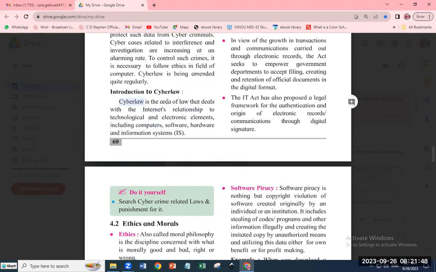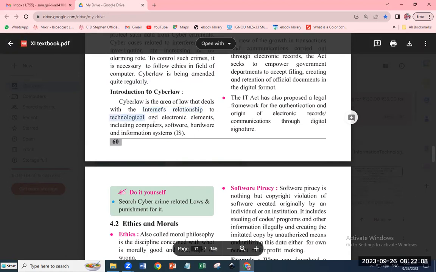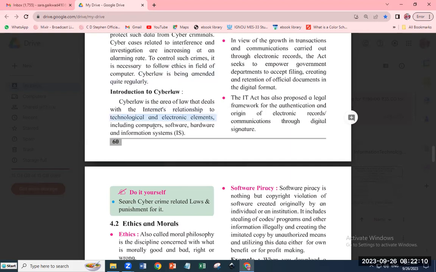What is cyber law? Cyber law is the area of law. What area of law? Which is this area? What laws is it dealing with? It's dealing with whatever is happening on the internet, right? Internet relationship, whatever is happening on the internet, plus it is using certain electronic devices also, like something happening on a computer, but that computer is not attached to the internet, still it is a crime.